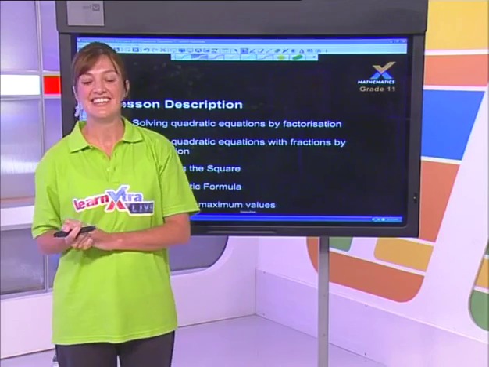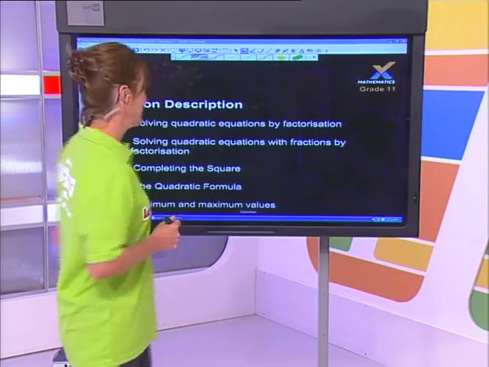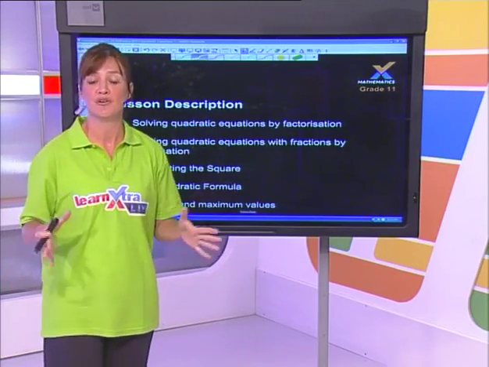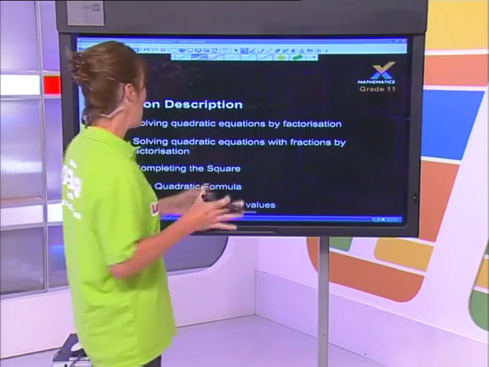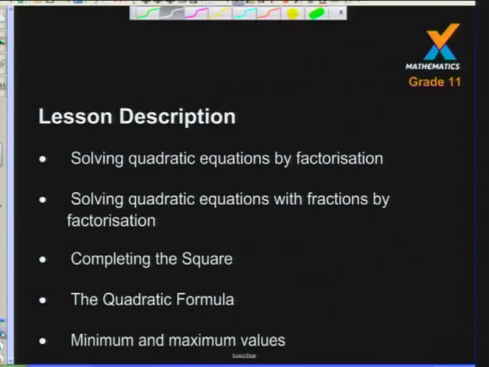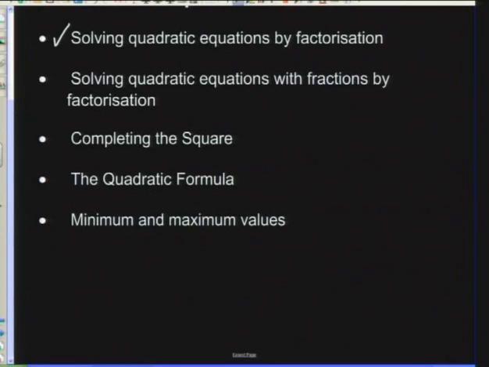Right, grade 11s, let's get going with a bit of quadratic equations. The first thing we're going to do is go over what we're going to be covering this lesson. First, working with quadratic equations just by using factorization, generally our beginning stage type equations. Then we'll look at them where we're involving fractions, that's everybody's favorite. After that, completing the square.